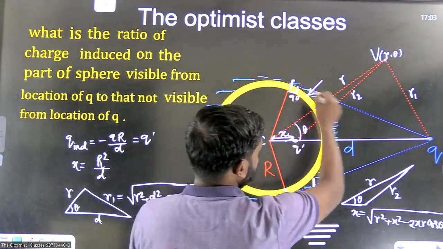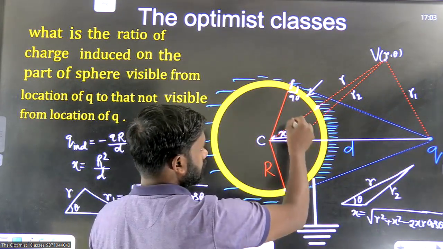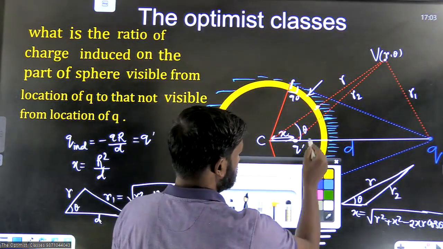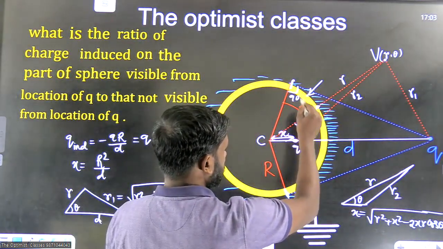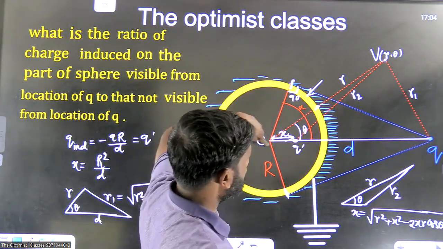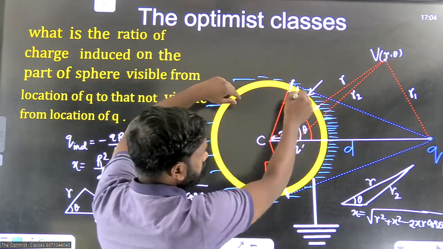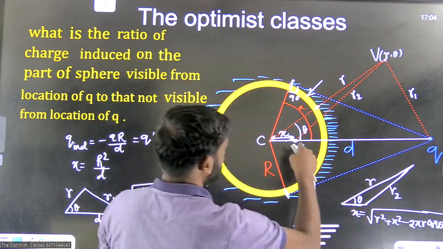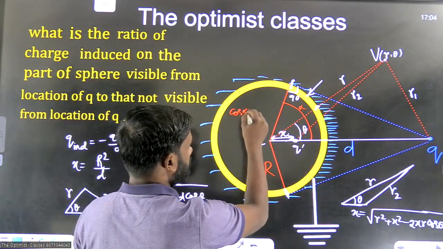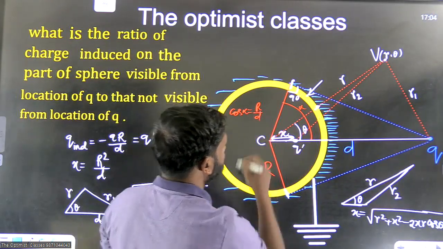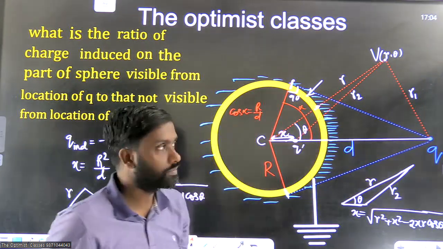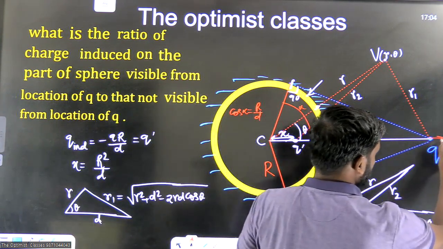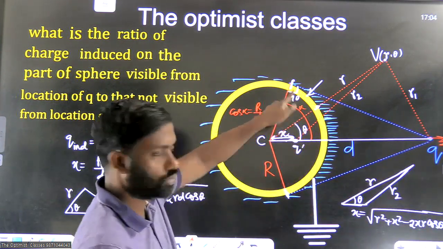So in this triangle, I can calculate the value of theta. Suppose I call this angle alpha, using a red line. In this triangle, this angle is 90 degrees, so cos alpha will be base over hypotenuse, which is simply R by D. Let's take this direction as the z direction, because we are measuring theta from this direction.